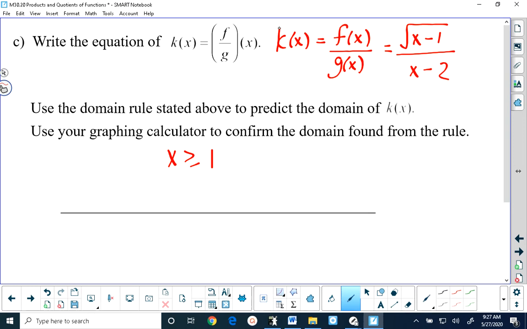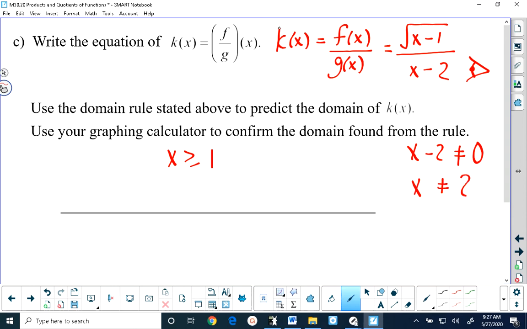But the domain rule says something else. When you take a look at the denominator here, the denominator is not allowed to be 0. And if you solve this, you get x is not allowed to be 2.